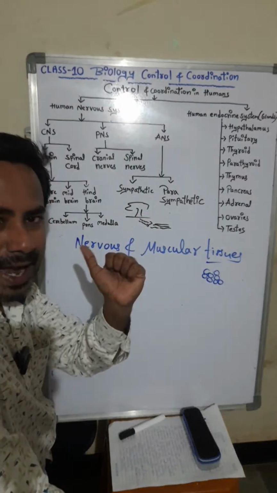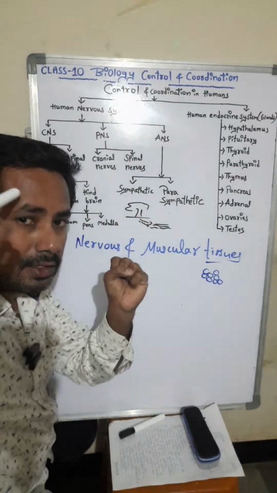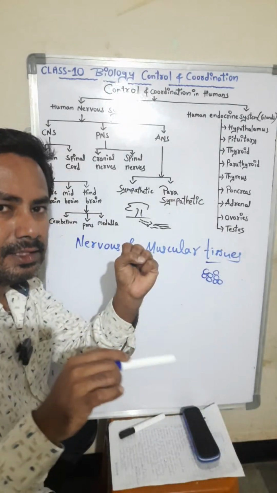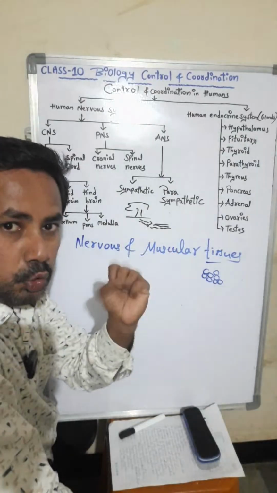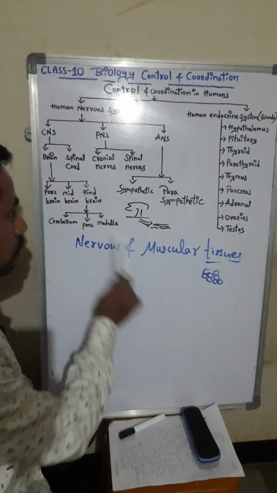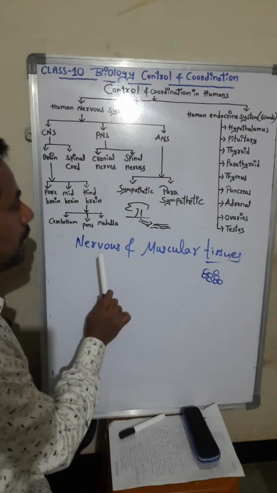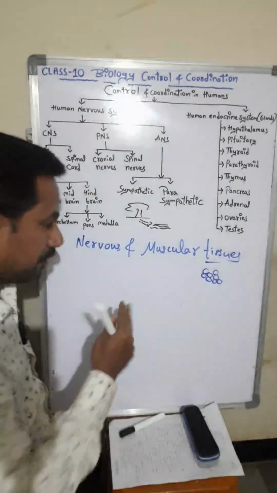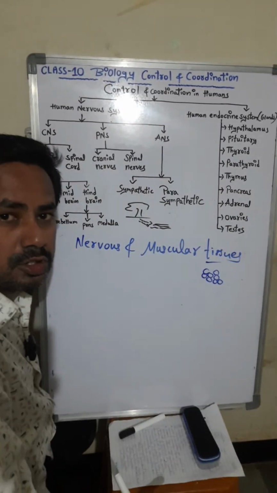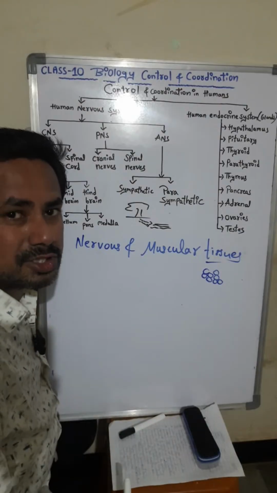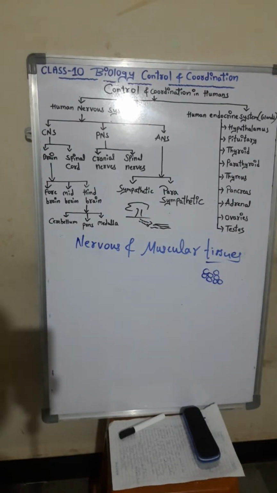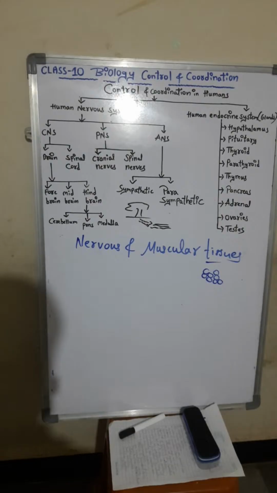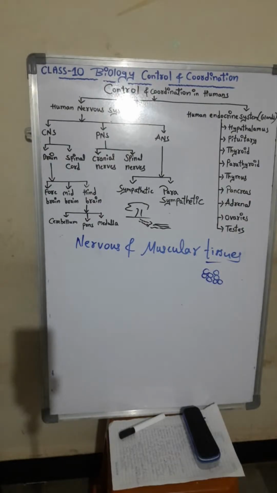How I am folding my hands, why I am folding my hands, the message is sending, nerves are attached to these muscles, the muscles will do the work. So control and coordination in humans is brought by two things, nervous system and muscular tissues, both together they will work, students. Are you getting it? Is it clear, students? Yes, let's continue.